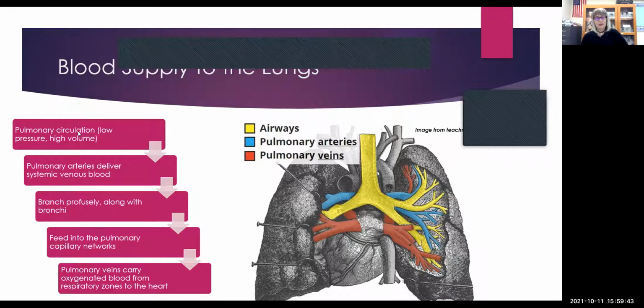So the pulmonary circulation, as you know, is low pressure, high volume, because we're returning this deoxygenated blood back to the right side of the heart, and of course to the lungs.